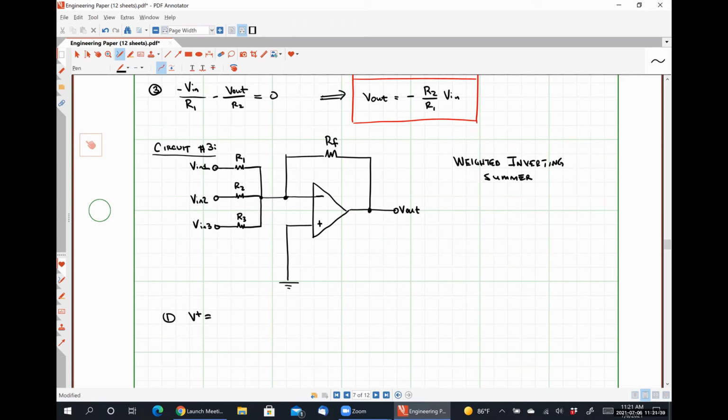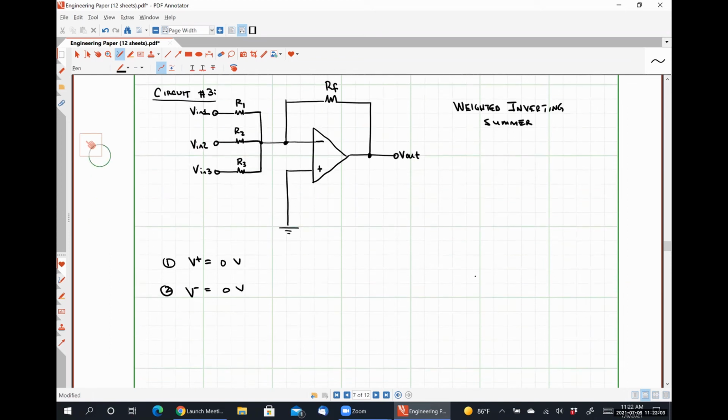What is V plus in this case? Zero. Yep, still 0 volts. So what is V minus? Zero. 0 volts.